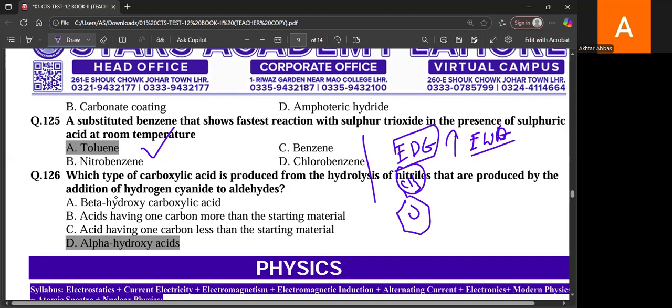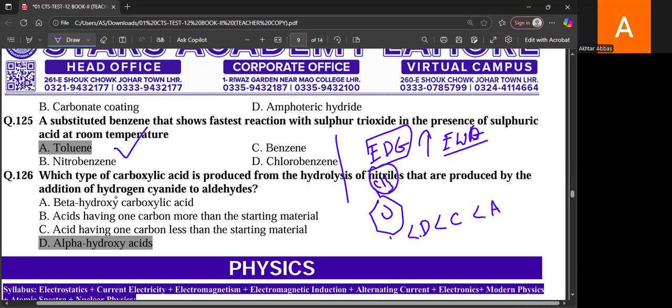First reactive is alpha, second one is benzene, it means option Charlie. Third one is delta, and the last reactive is beta. This is the reactivity order. So the most reactive is the electron donating group, toluene.